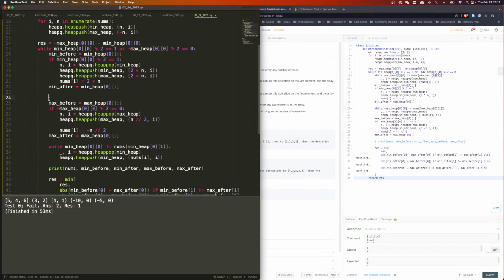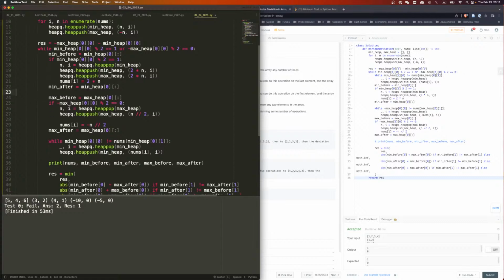Before I do this, I have a max before. Just imagine the before is before anybody does anything, right? And then the after is when the min does something, right? Then we have a new min.